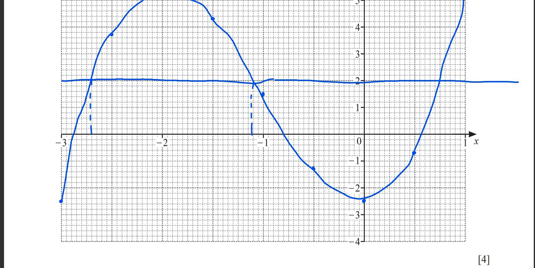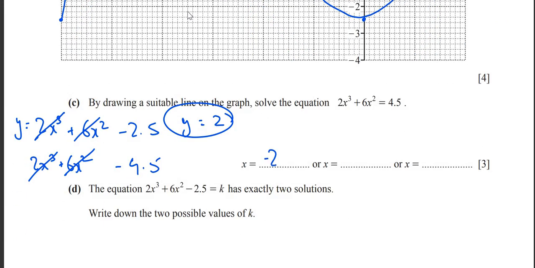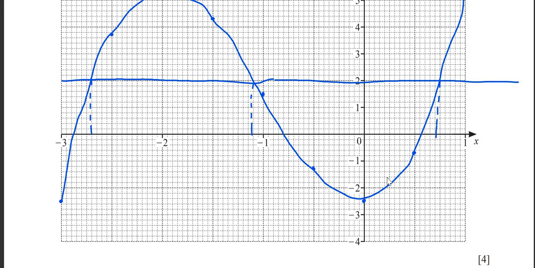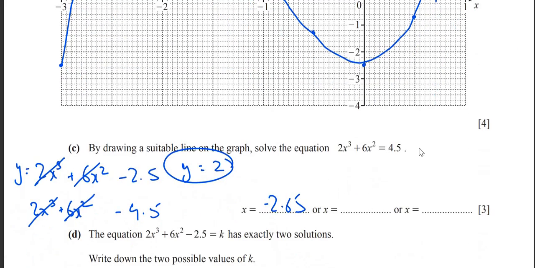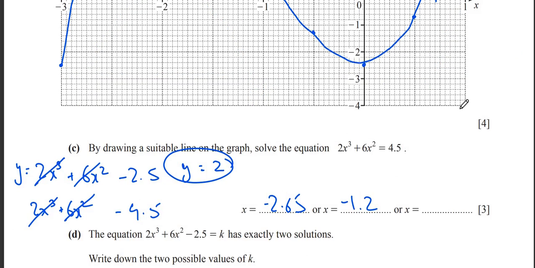Okay, this one, and this one. So this point is going to be roughly negative 2.65. So one of the answers is going to be negative 2.65. And this one is roughly negative 1.2. So negative 1.2. And this answer is going to be 0.7 something. All right, 0.7.